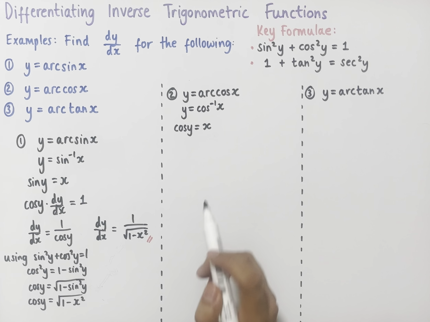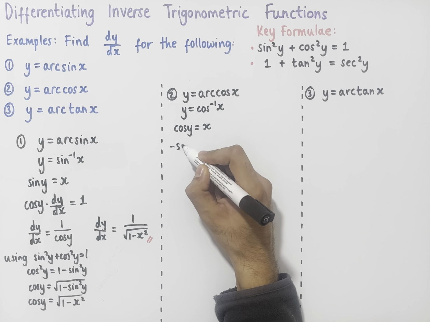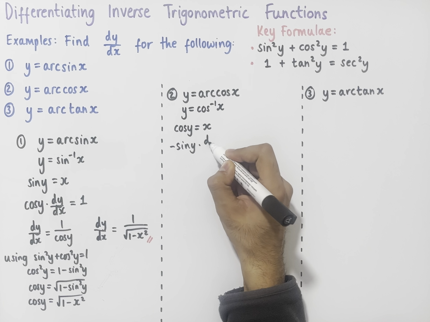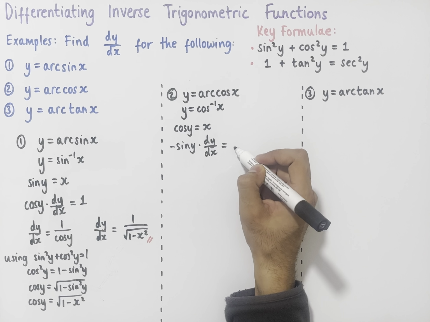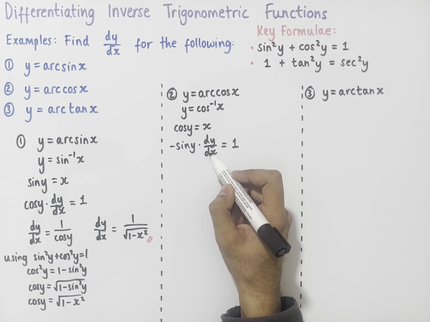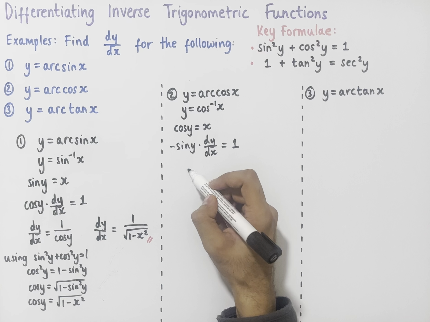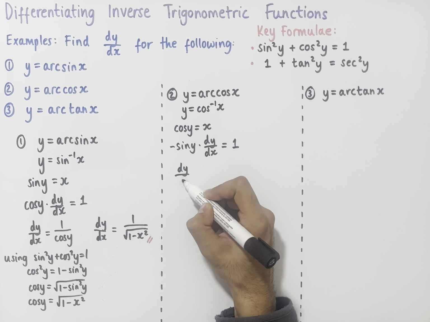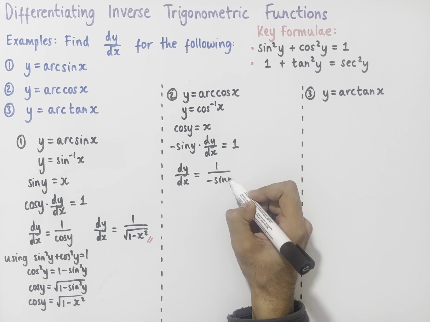Now if we differentiate both sides with respect to x, then on the left hand side using implicit differentiation, we get that cos y differentiates to minus sine y, and then we multiply by dy over dx. And on the right hand side, x differentiates to 1. And so if we make dy over dx the subject, if we divide by minus sine y, we get dy over dx equals 1 over minus sine y.